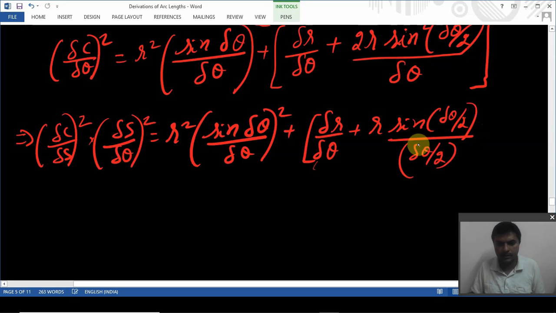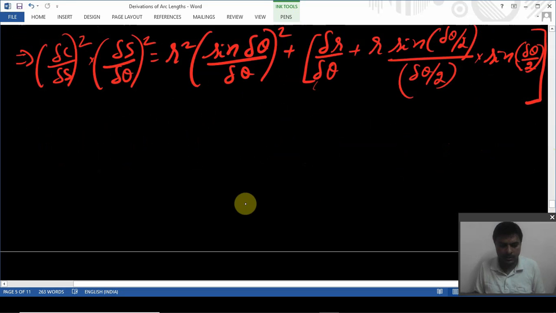So when you take the limit, this will get cancelled, into sine delta theta by 2 the whole square. Is it clear?